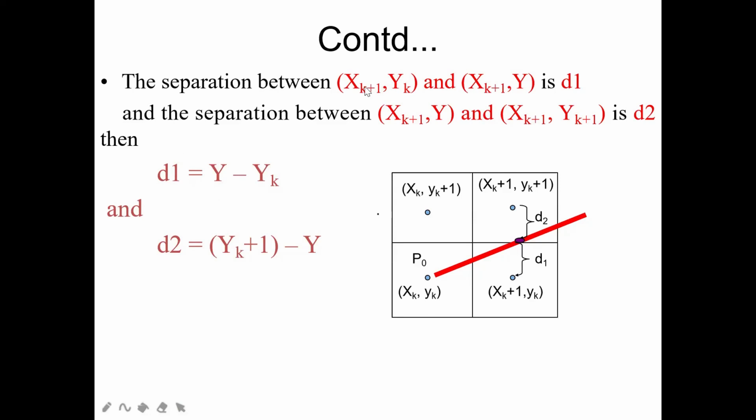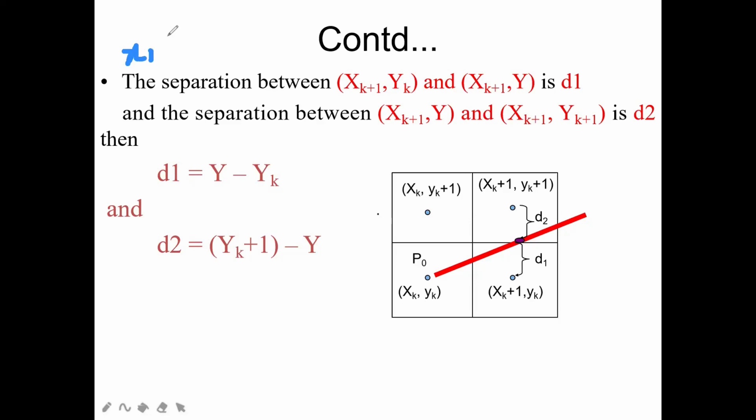The d1 value will be, you remember, here you can see. The first value, let's take our first value was x0 comma y0, that is the starting one. So here I'm just writing it down as x comma y.